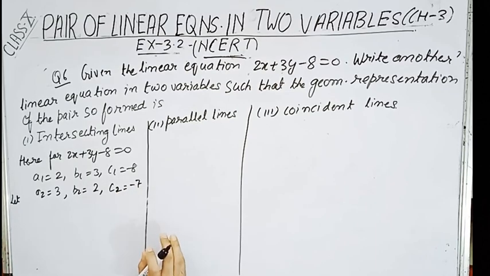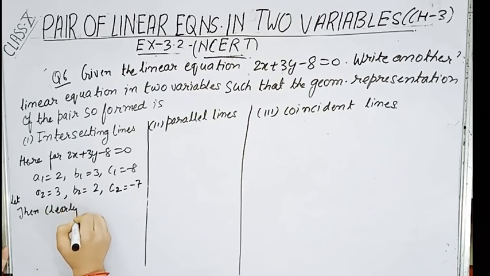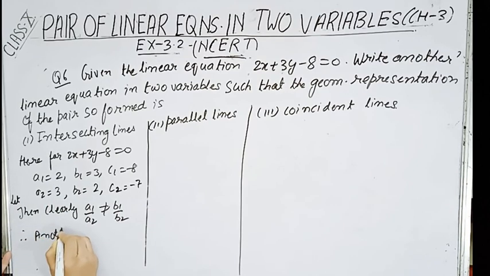I have written minus 7. Then clearly a1 by a2 is not equal to b1 by b2. This one a1 by a2 is 2 by 3 and b1 by b2 is 3 by 2. Therefore another linear equation is 3x plus 2y minus 7 equals 0. I think you understand.